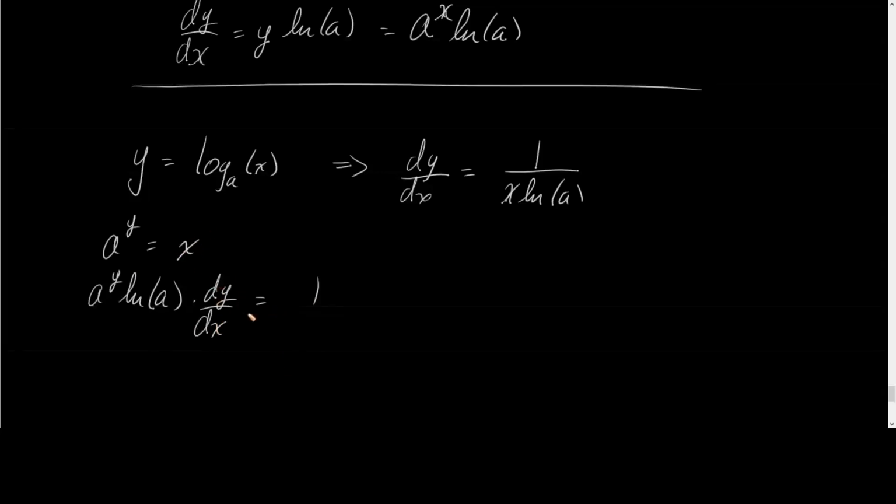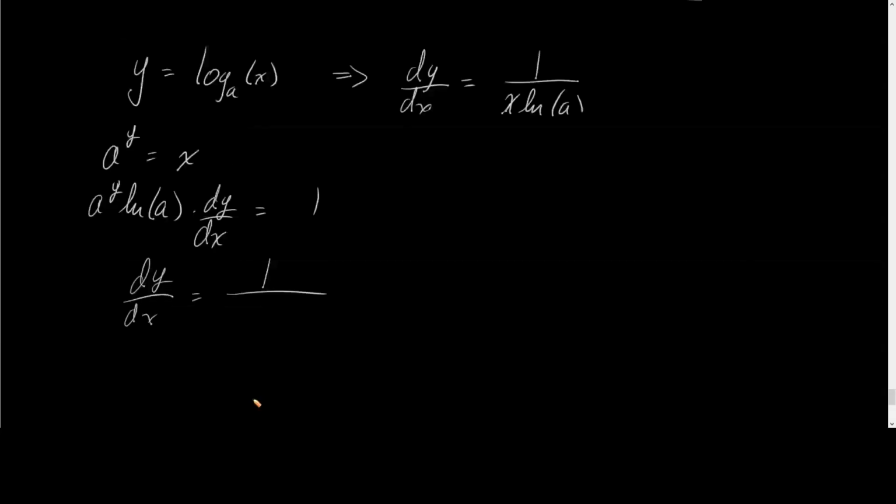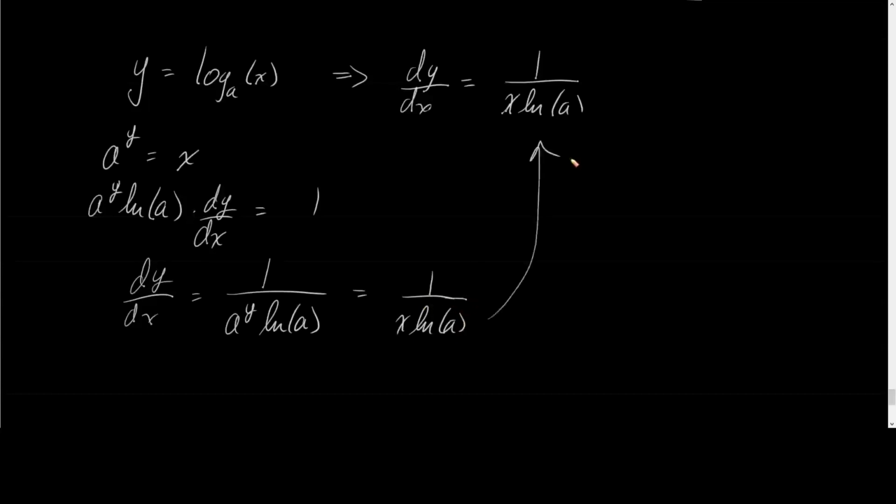And at that point, dy dx is going to be 1 over a to the y times ln of a, but a to the y is just x. So here I end up with 1 over x ln of a. And there you go.